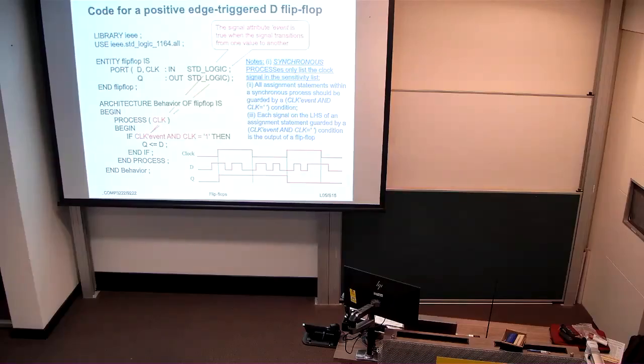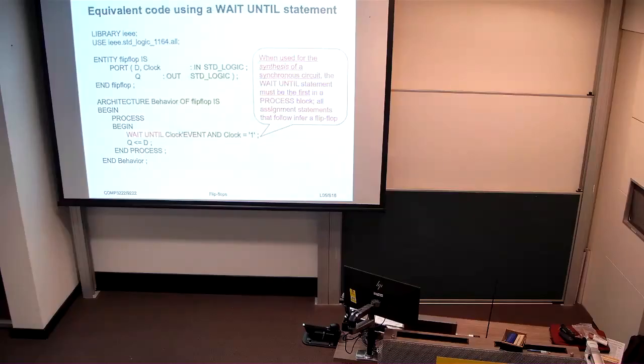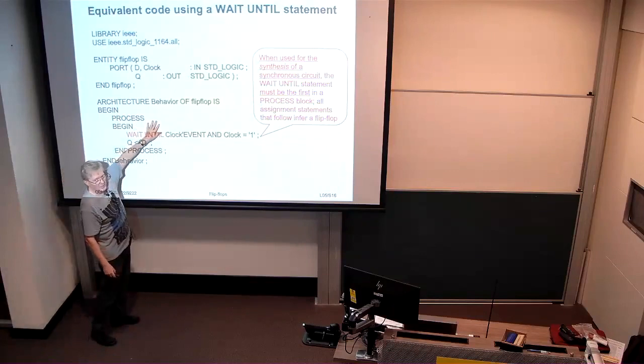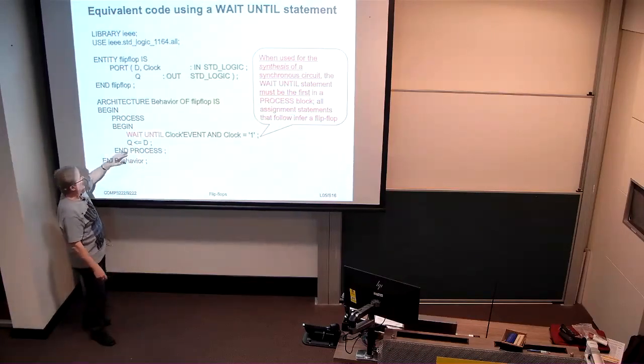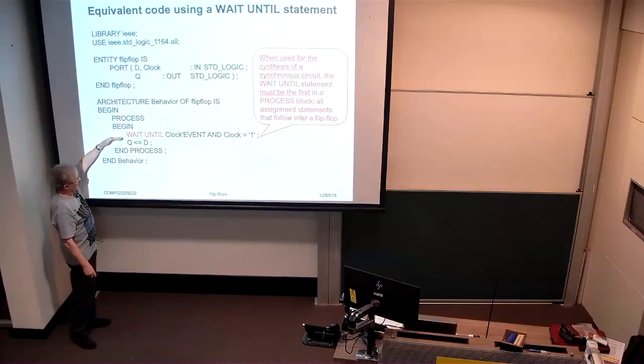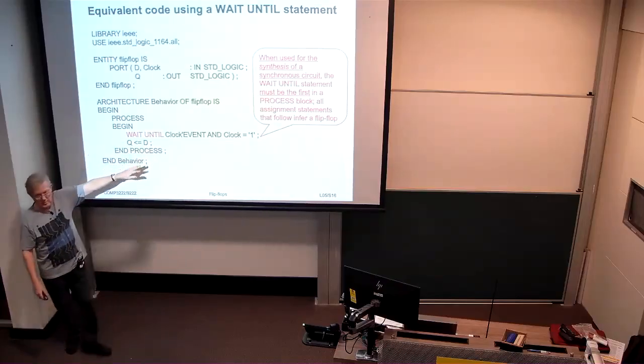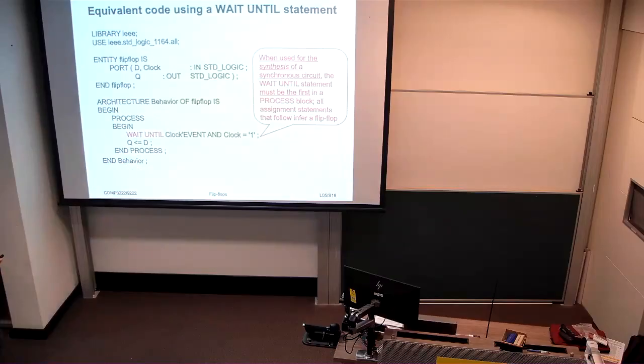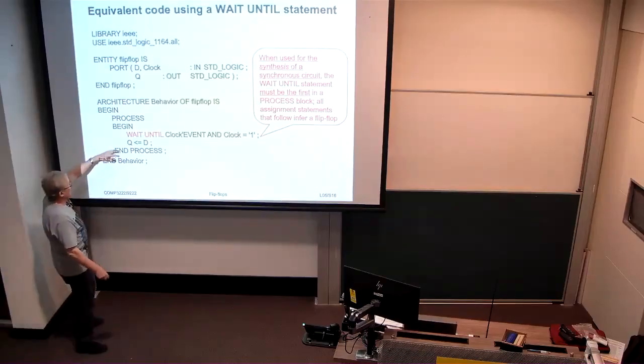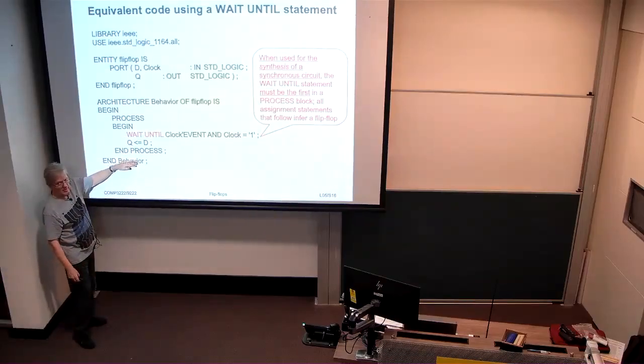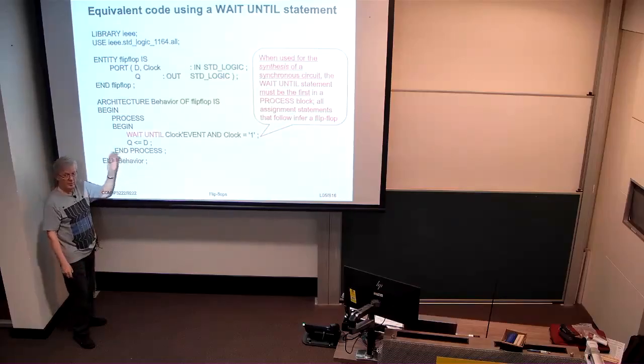Okay, so there's several ways of specifying flip-flops. This is commonly seen as well, where we have a process with no sensitivity list, so it's always running. And if we put as the very first statement a wait until statement, then that can infer a flip-flop. So if we wait until the clock tick event and clock being 1, then all of the assignments that we make underneath that statement are the result of an assignment to a flip-flop output.